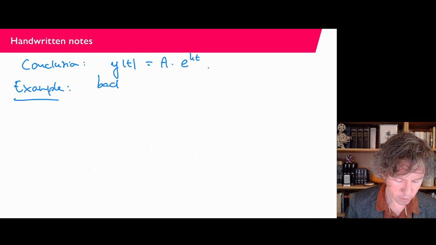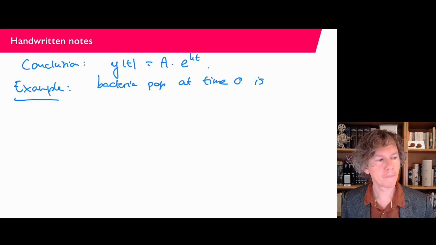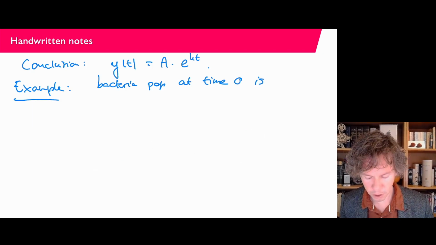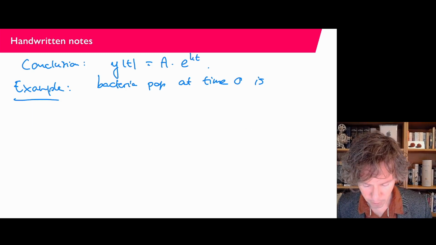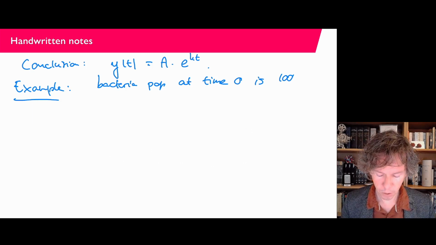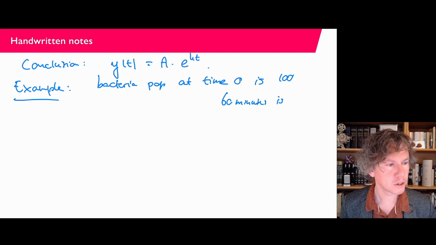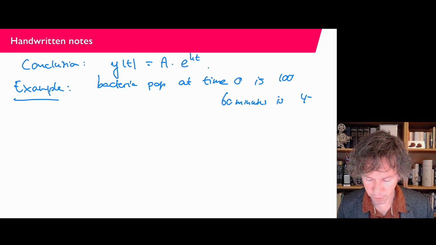So say that the bacteria population at time 0, so at some moment in time you start your experiment, you have this Petri dish with bacteria and you see that there are 100 of them. Bacteria population at time 0 is 100. Then after 60 minutes, or after an hour, let's say that it is 450.